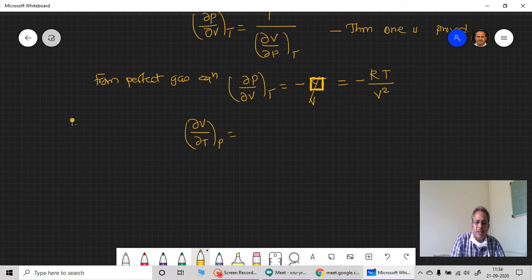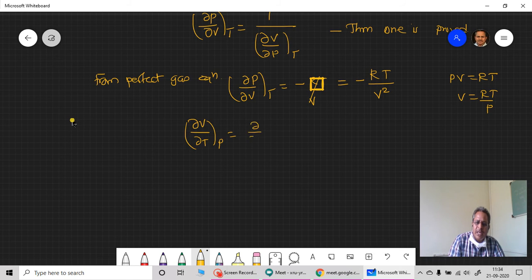So for this, we have the earlier relation PV is equal to RT. I have to get V is equal to RT upon P. Now differentiate this V with respect to temperature, keeping pressure constant. So R upon P will remain as it is.